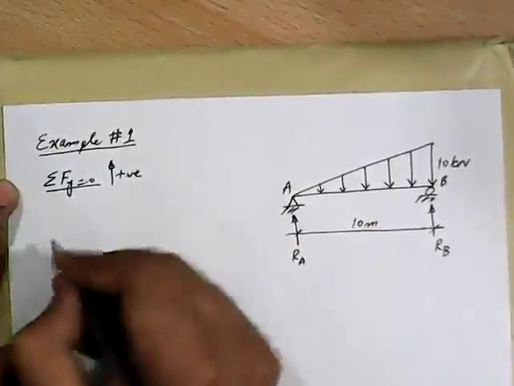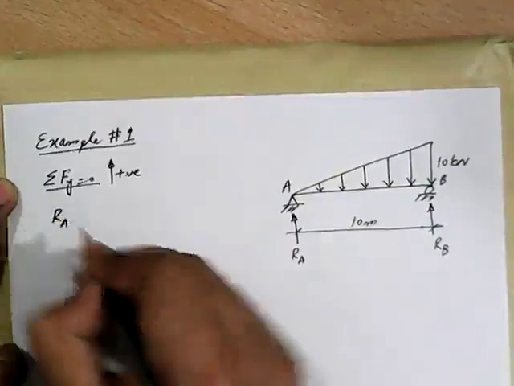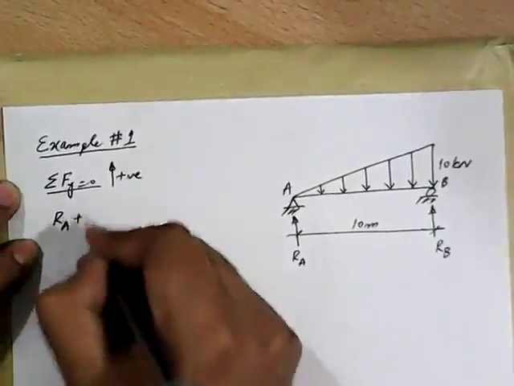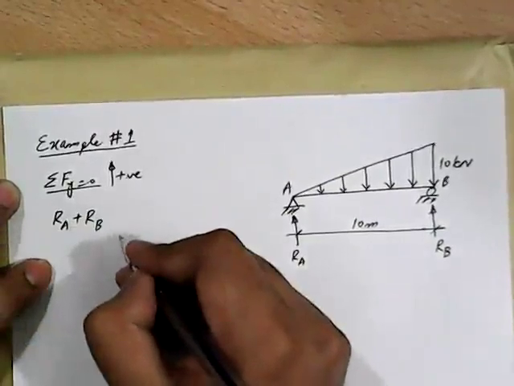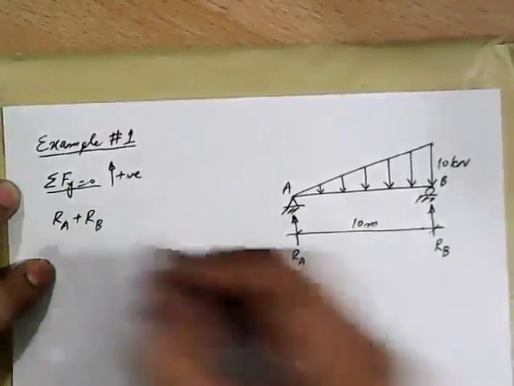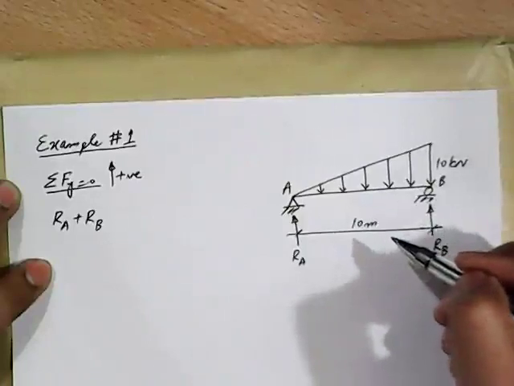So how many upward forces are there? RA acting in the upward direction, so it's positive, plus RB. We have assumed these reactions to be in the upward direction, so both are positive. And then this VDL is acting in the downward direction.